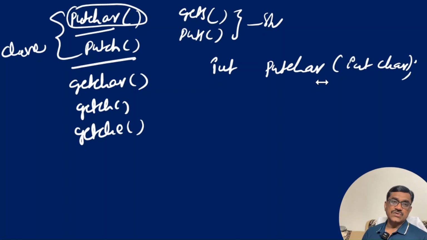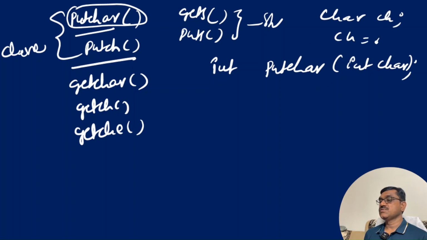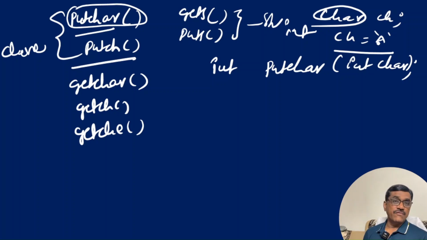Because the character constants are going to take the ASCII values, which are again integers.